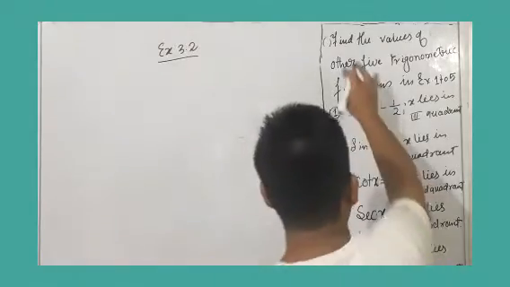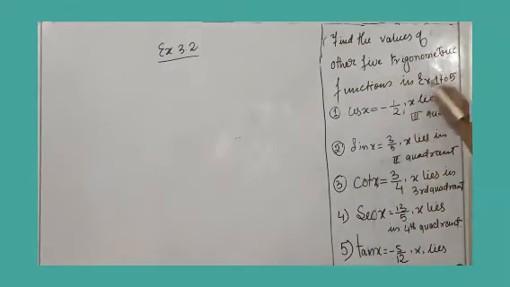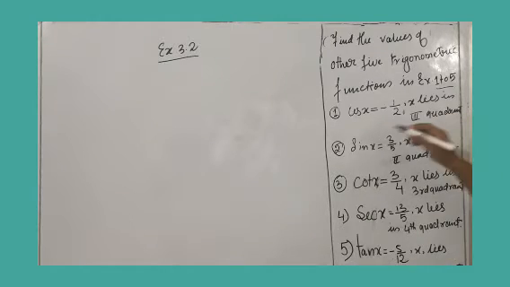The question tells us to find the values of the other 5 trigonometric functions in exercise questions 1 to 5. So the questions are given like this.